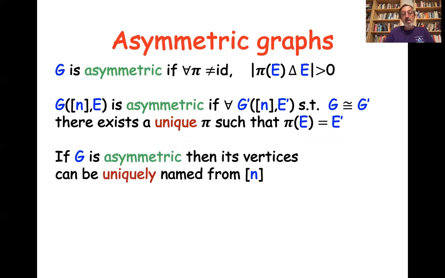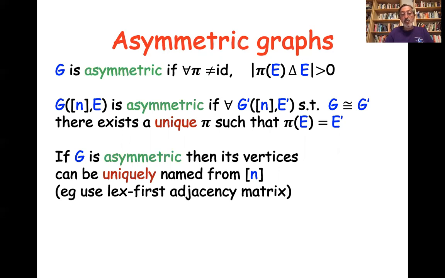Again, equivalently, a graph is asymmetric if its vertices can be uniquely named from 1 to n. You can assign canonically a naming to the vertices. One way to do it is, because of this property of no non-trivial automorphisms, all adjacency matrices over all namings will be different, so you can take the lexicographically first. But there are many ways to do it, so pick any canonical naming from now on for an asymmetric graph.